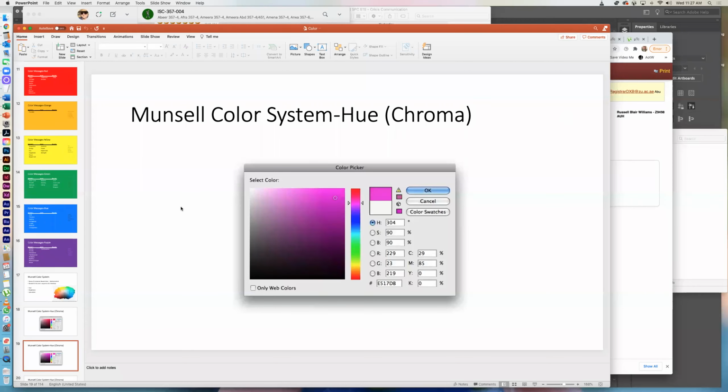Okay, so there, that's purple. And what you see is here, the hue is 341, close to red. As we come down, the purple is 304. And remember, there's 360, and that's why there's this little circle sign. That means degrees.